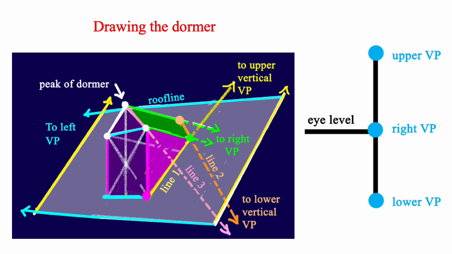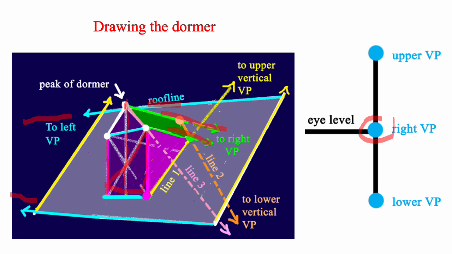When drawing a dormer, start with this rectangle, find its middle, and that will give us the peak of the dormer. And make sure this peak is separate from the roof line so they don't appear conflated. Then any horizontal lines like these go to a vanishing point on the left on eye level, and horizontal lines like these go to the right vanishing point.